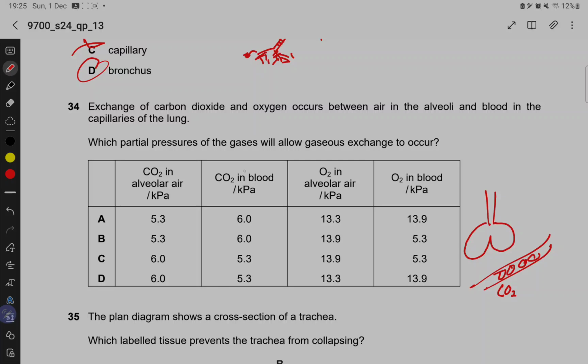Okay, so let's take a look. So C is wrong, D is also wrong because there's less CO2 in the blood and more in the lung. And you also need to have more O2 in lung than O2 in blood. So it's B.